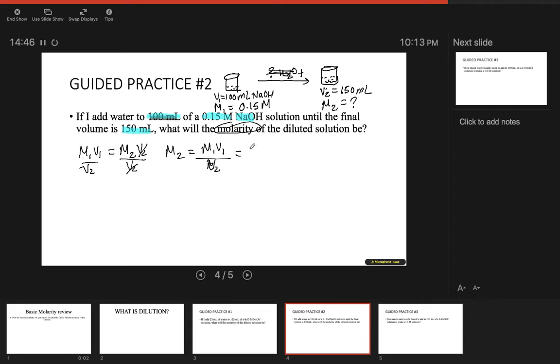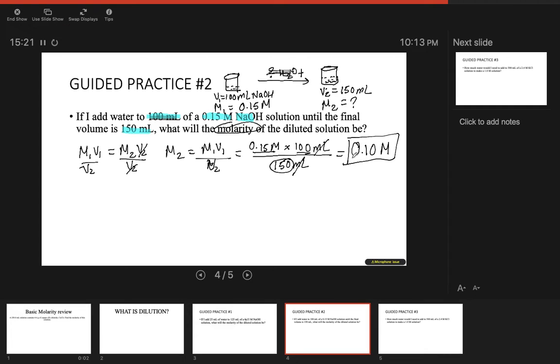That gives me M1 is 0.15 molar times V1 is 100 milliliters, divided by 150 milliliters. Milliliters cancel out. You multiply the top numbers and divide by the bottom number. You should end up with 0.10 molarity solution, and that is your answer right there.